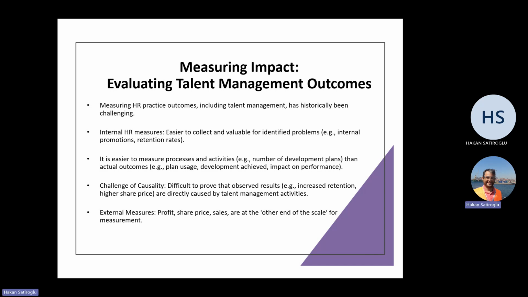External measures, on the other hand, such as profit, share prices, sales and so on, are the other end of the scale for measurement.